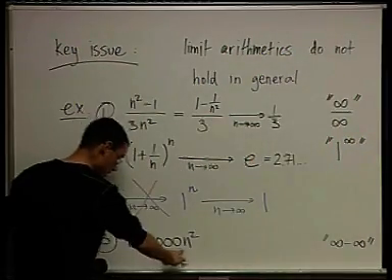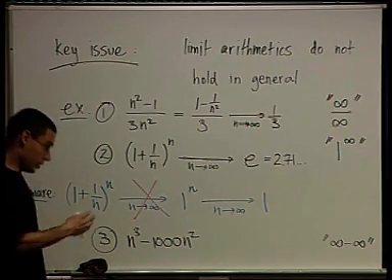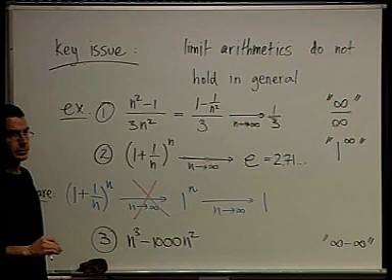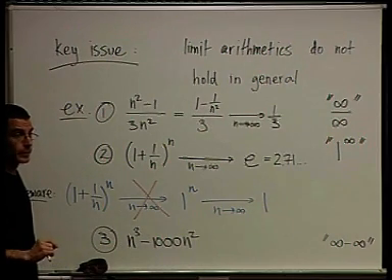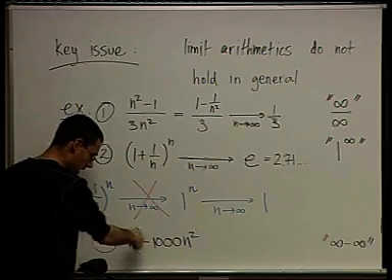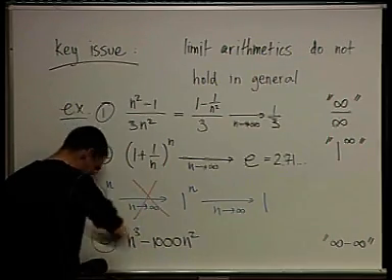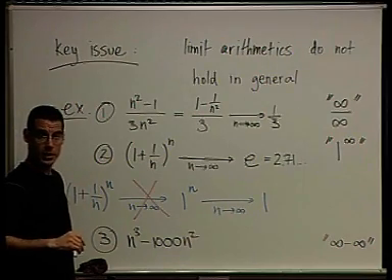This goes to infinity, this goes to infinity. Do you agree? Is it true that this goes to 0? No, very not true. What does this go to? What's your intuition? Infinity, right? The n cubed is going to beat 1000 n squared for very big n's, right?